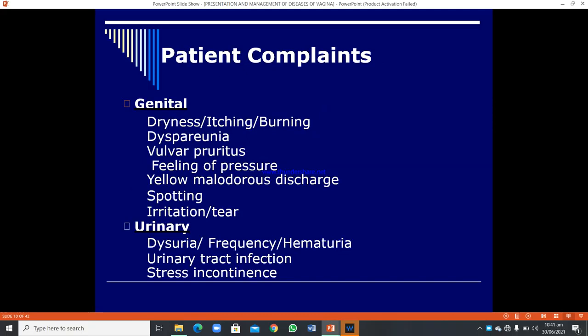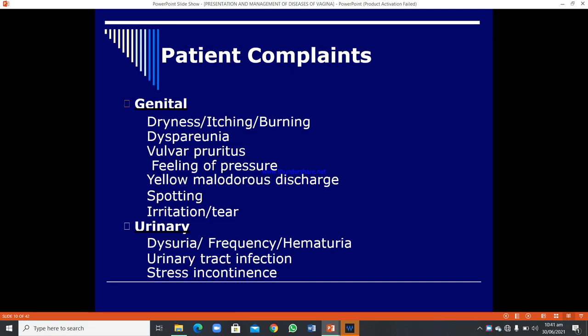Patient complaints: genital and urinary complaints. Genital: dryness and itching, burning, dyspareunia, vulvar pruritus, feeling of pressure, yellow malodorous discharge, spotting, irritation and tear. There may be a feeling of small abrasion.